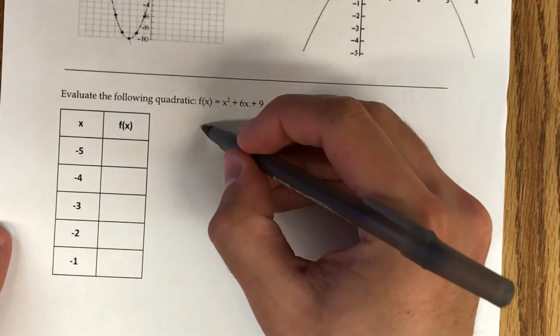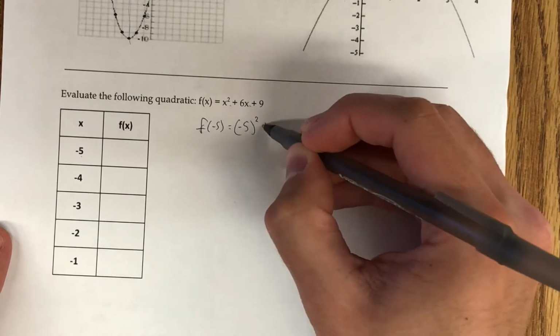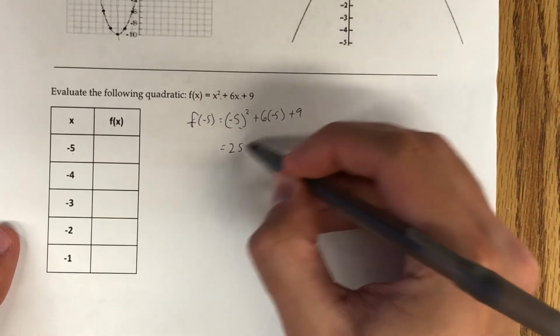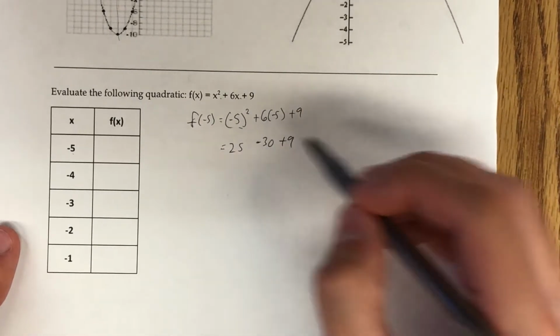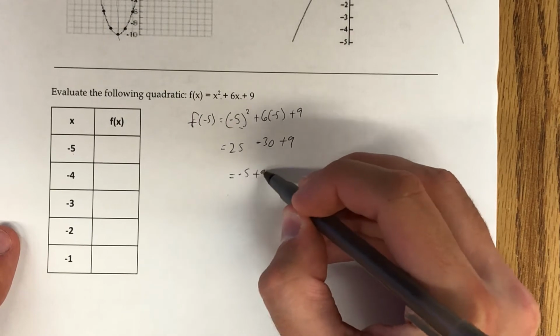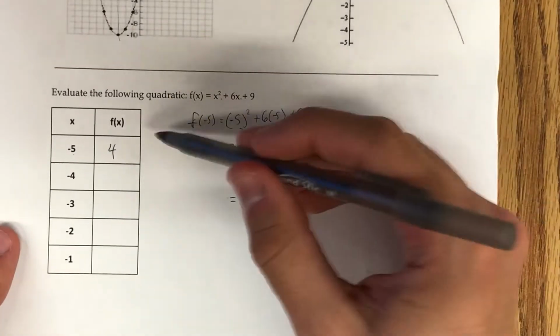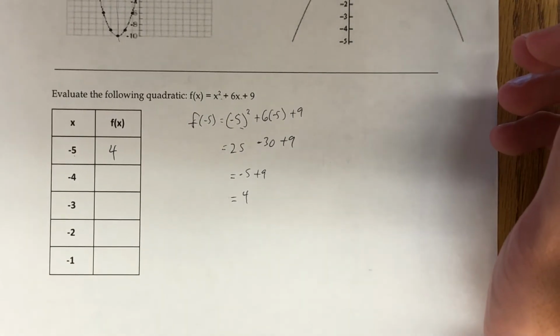So like for -5, you plug in -5 for x. So -5 squared is 25. 6 times -5 is -30. 25 minus 30 is -5, plus 9 is 4. So when we plug in -5 for x, we get 4.